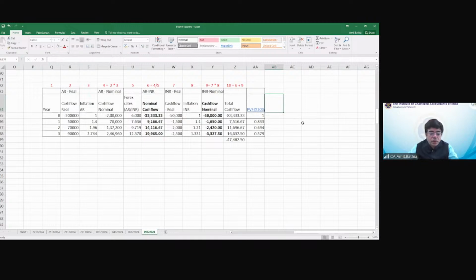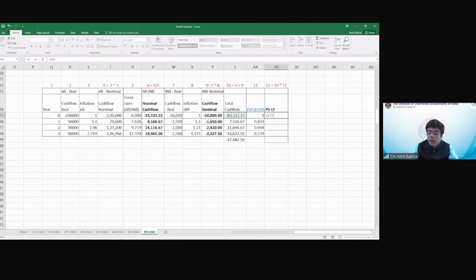Now I'm going to have the present value of cash flow, which is column 10 into column 11.